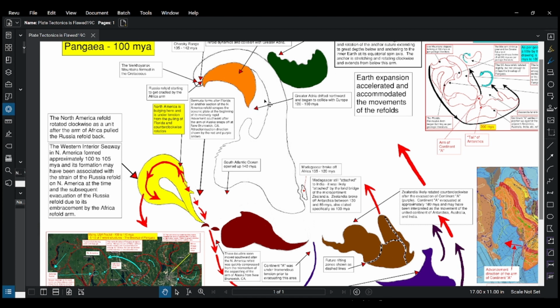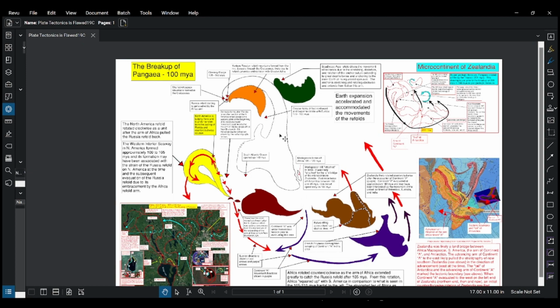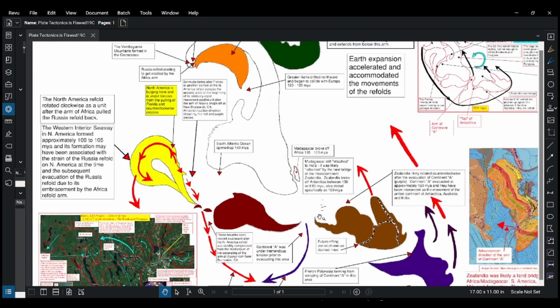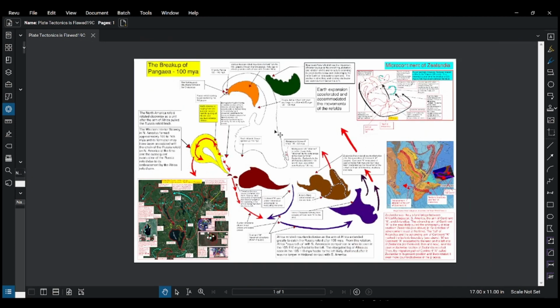So it's probably just beginning to collide with Europe 120 to 110 million years ago, according to geologic literature. So everything matches. These text boxes show what's going on in geologic literature, or my own comments, but all the geologic literature comments agree with my model. So it's showing the strength of the model; it's very legitimate at this point throughout the entire time.